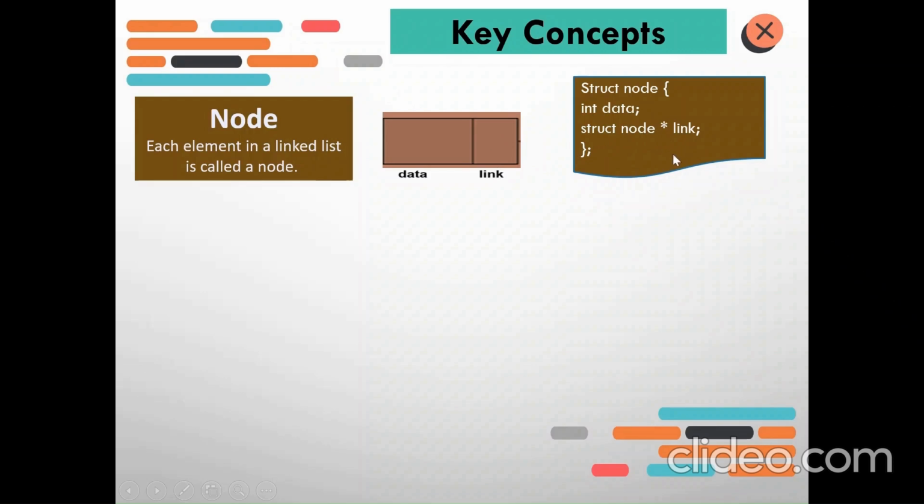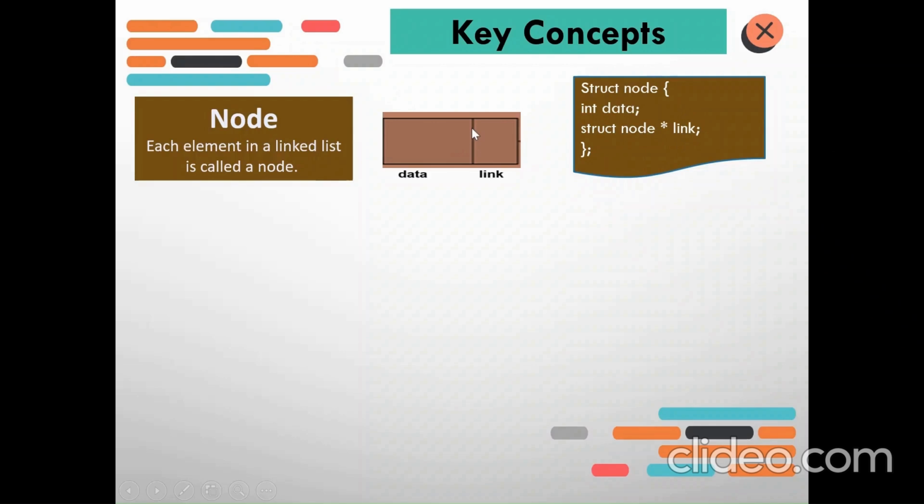And pointer, as you know, is a variable which stores the address of other variables, and you assign a data type to the pointer of the variable of which it is storing the address. So in this case, a struct node type pointer means that this part would be storing the address of another struct node variable, just like the one defined here, right?